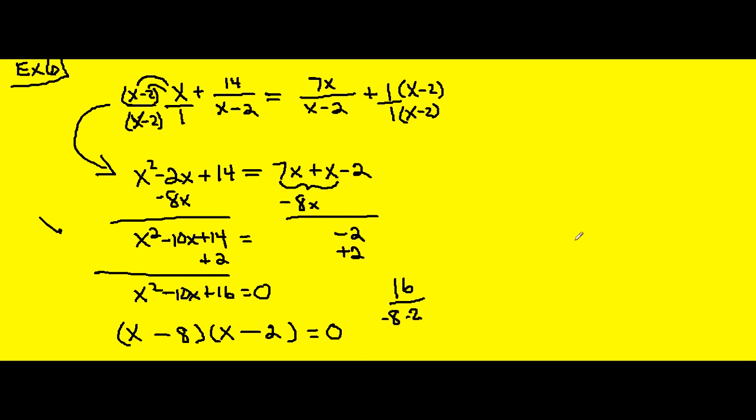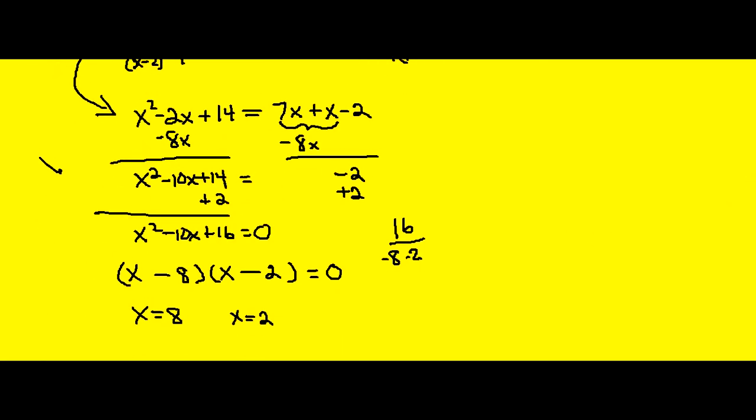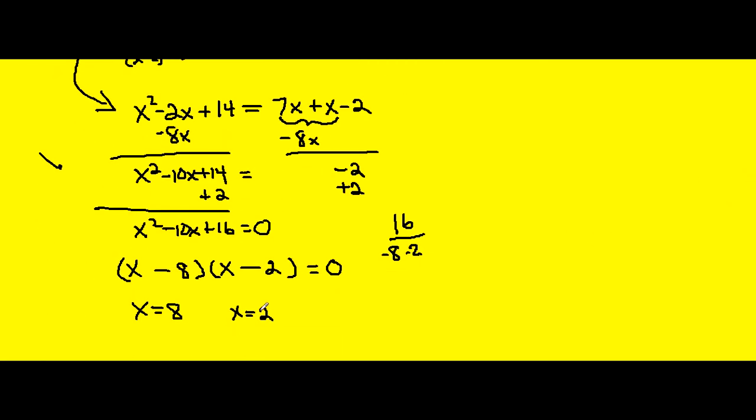So therefore, 2 cannot be the answer. That'll make it 0 in the denominator. So my solution is x equals 8. I only have one solution. So there's the example of what happens when you have one that works and the other does not work. So just eliminate it.